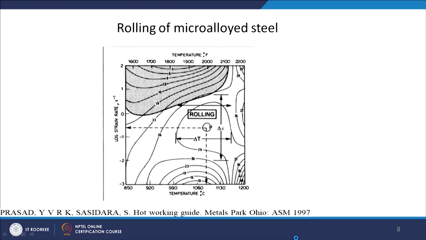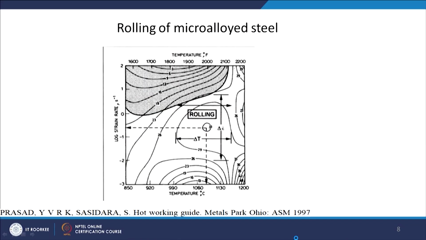So, now we can use these ideas. We have established that processing maps are able to predict the microstructural changes which we want. It is able to predict where you will have recrystallization and where you will have defect formation in the material.